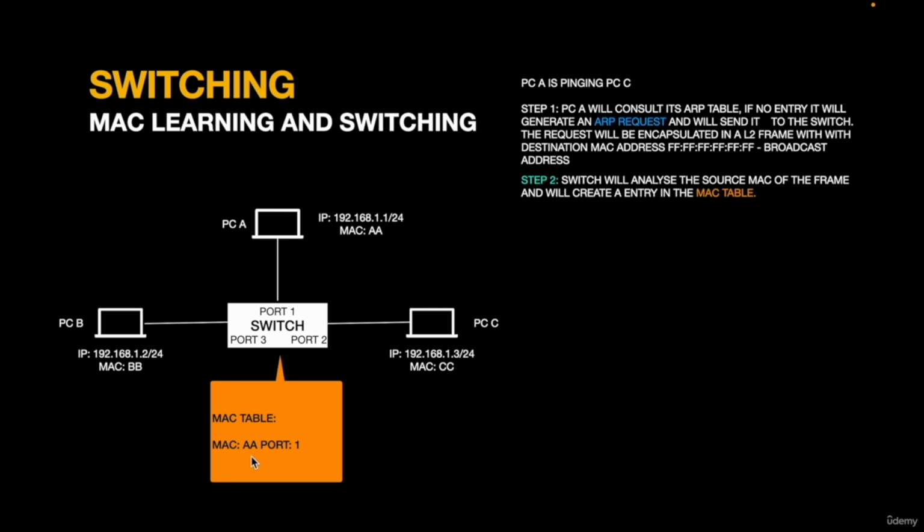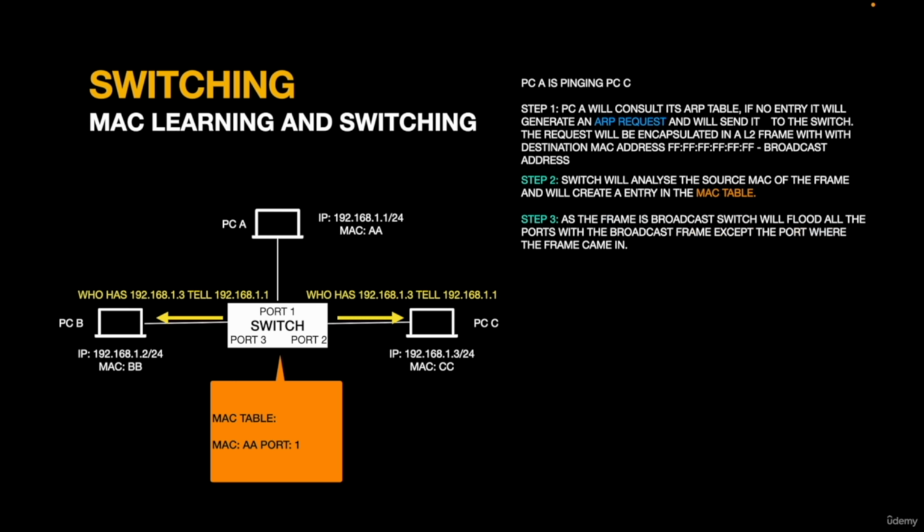So now the switch knows that in order to reach PC A with MAC address of AA, you should exit via port 1. Now that the MAC entry has been added in the table, the switch will broadcast the ARP request to all of the ports, but not on the port that it received the traffic on.